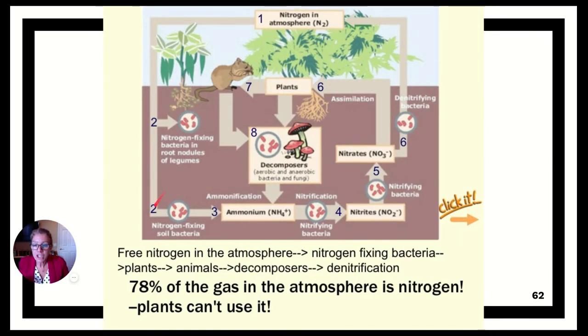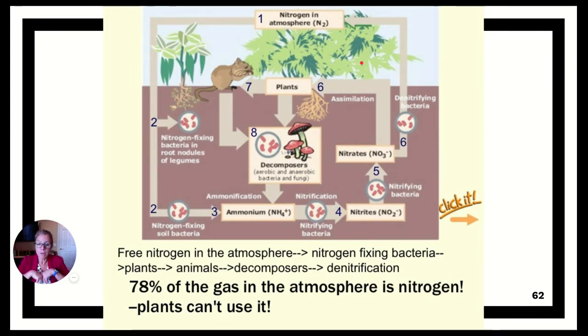And then these nitrifying bacteria take this ammonium and first convert it into nitrites. That's NO2 minus, nitrites, okay? And then further nitrifying bacteria convert it into nitrates. I always think of a tray, like I'm serving it up to plants. Nitrates on a tray, serve it up to plants.